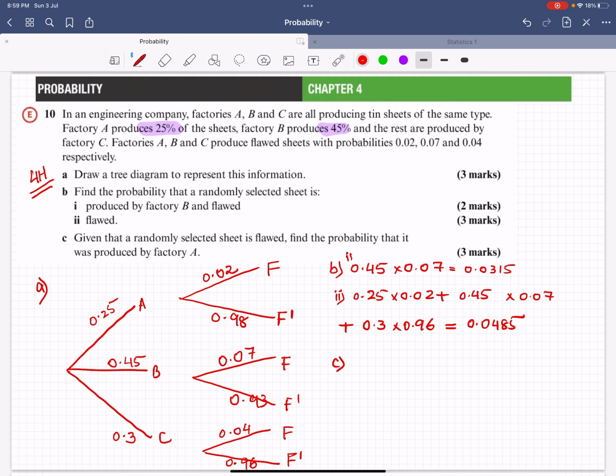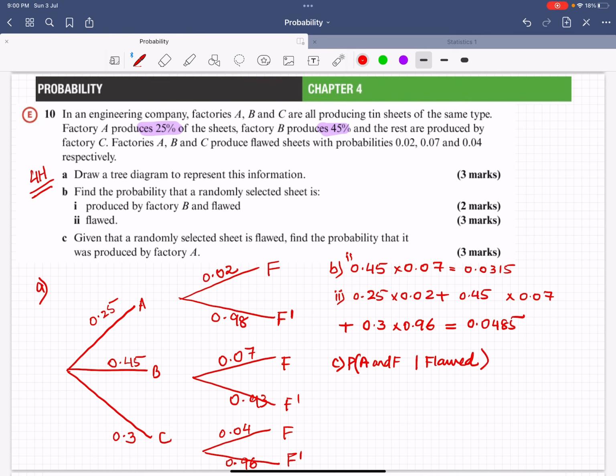Part C is conditional probability. Given that a randomly selected sheet is flawed. Whenever we say given that, that is the denominator. Find the probability that it was produced by A. So we need to find the probability of A and flawed given that it is flawed.